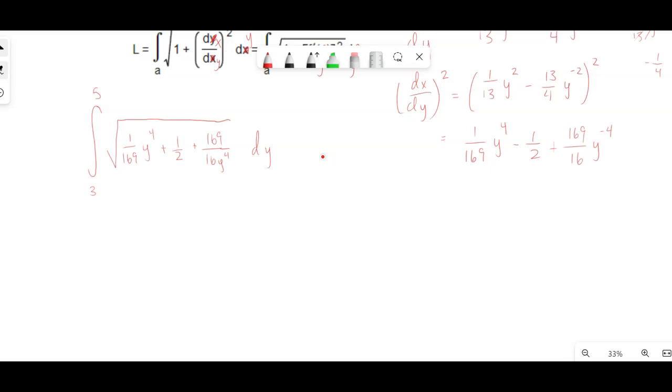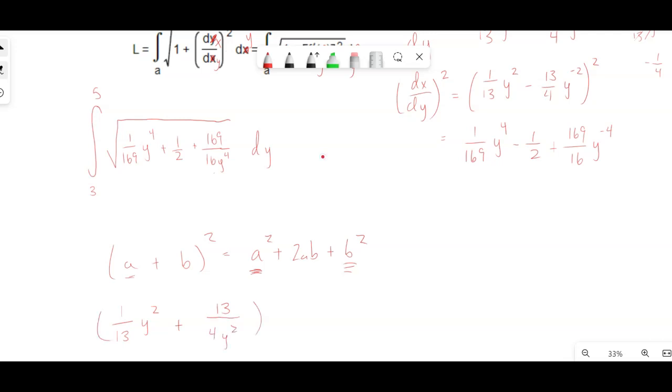So think about it: if this was going to be something squared, we have 3 terms underneath the radical. If it's something squared, then the first thing needs to be the square root of whatever this square is. So that would be 1/13 y squared. And then this would need to be the square root of whatever this is. So that would be 13 over 4 y squared.